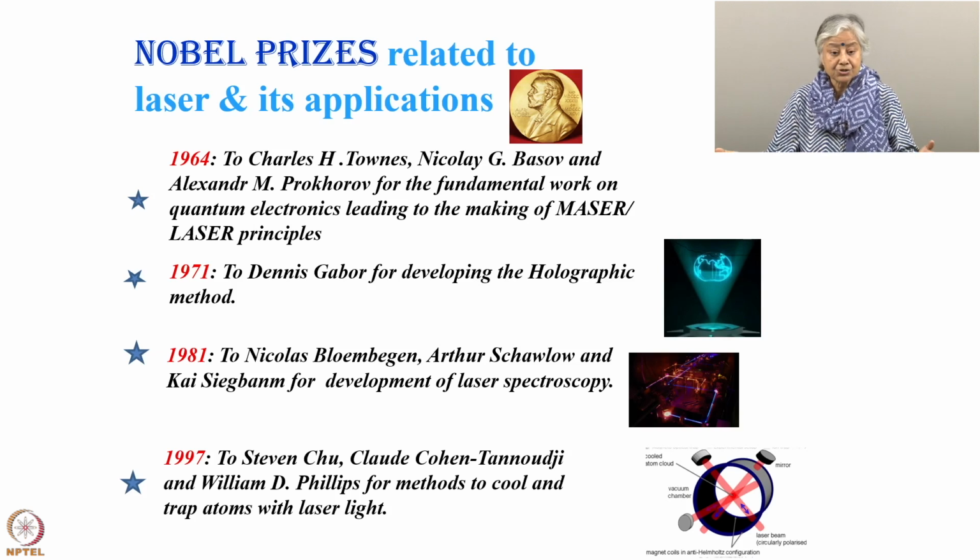Kai Siegbahn actually got it for electron spectroscopy, okay, very accurate electron spectroscopy, and Bloembergen and Schawlow got it for laser spectroscopy. Okay. And in 1997, again you have the Nobel Prize in Physics, which went to Steven Chu, Claude Cohen-Tannoudji, and William D. Phillips for methods to cool and trap atoms with laser light.